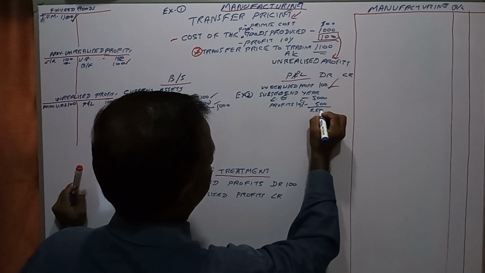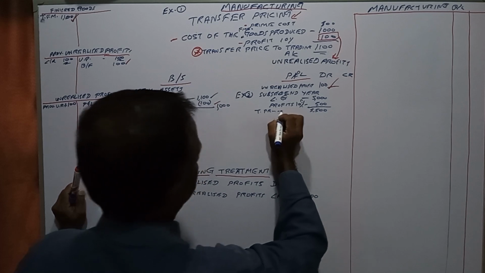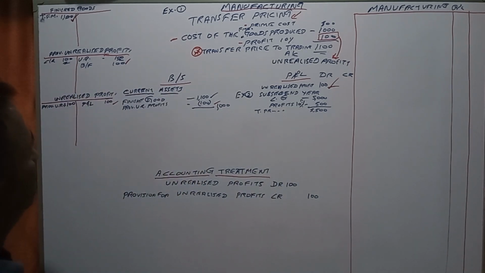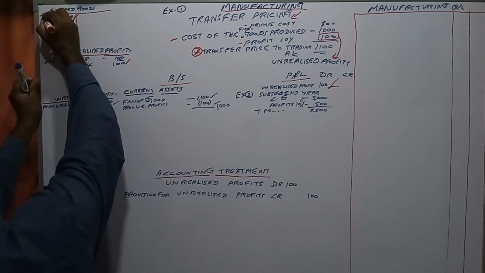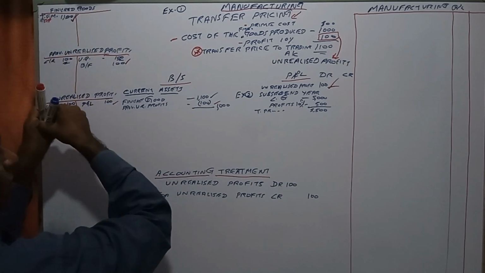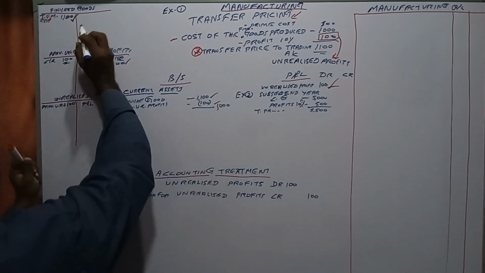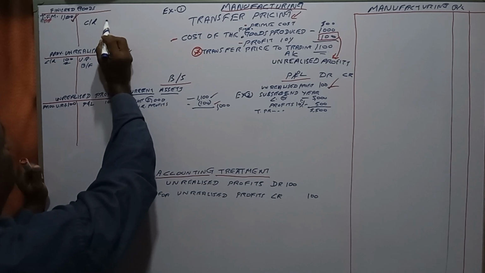Then transfer pricing is 5,500. In this case, your closing brought forward, the carried forward balance is 5,500.